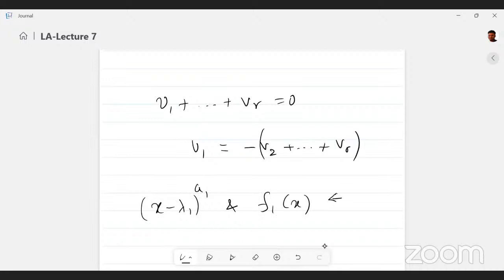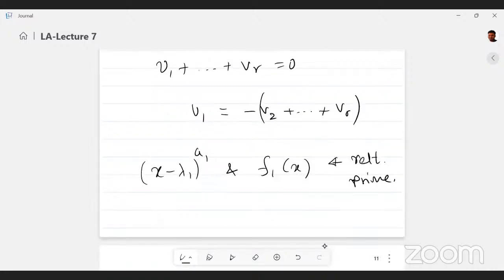These two are relatively prime because there is no common factor. This one doesn't have that x minus lambda 1 power a1. What is this? This is nothing but x minus lambda 2 power a2, etc., x minus lambda r power ar.